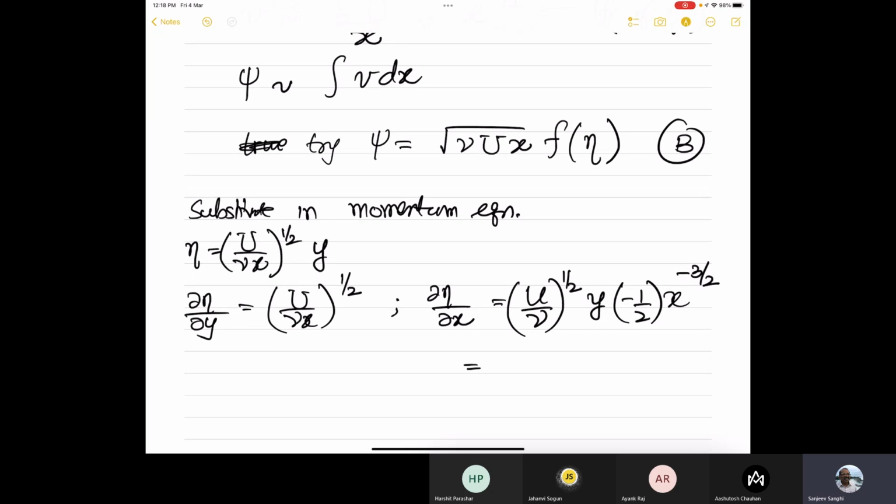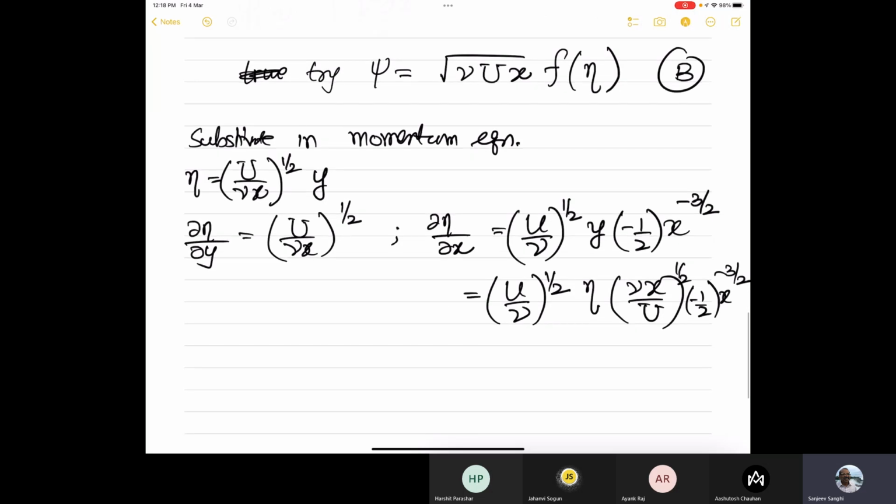And this becomes equal to U upon nu to the power of half times y. I'm going to replace y by eta times nu x upon U to the power of half times minus half times x to the power of minus 3 by 2. So I'm replacing y by eta and x.